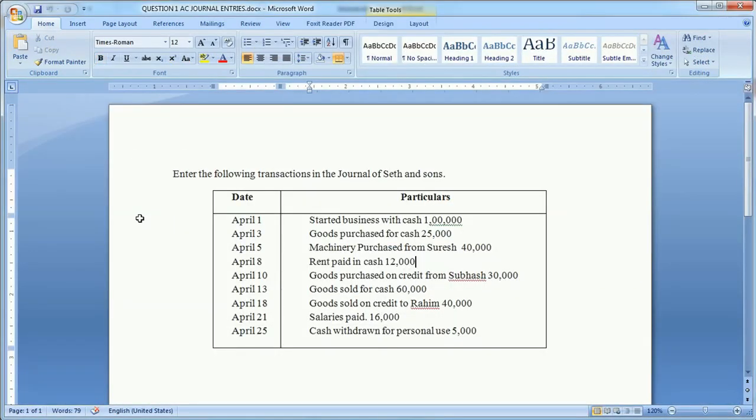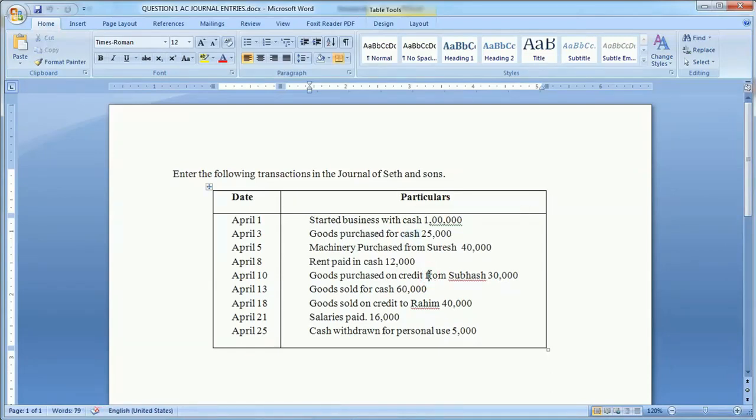is the adjustment on 3rd April, that is goods purchased for cash at rupees 25,000. Again, here there are two accounts which have been affected. One is the cash account and second is the goods account. We are purchasing the goods. So one will be the purchases account and second will be the cash account.